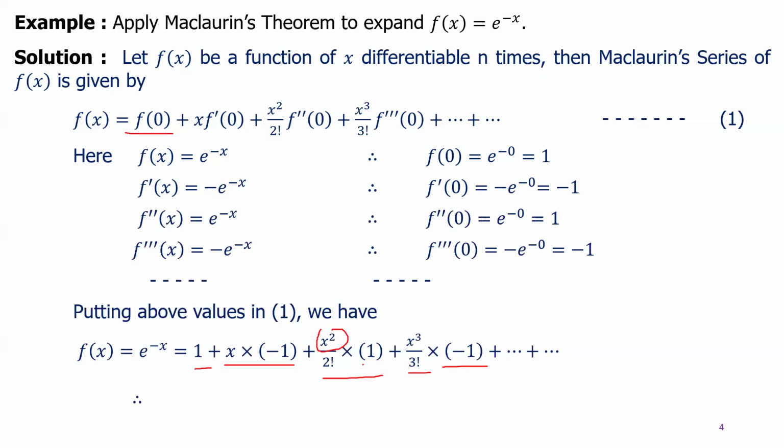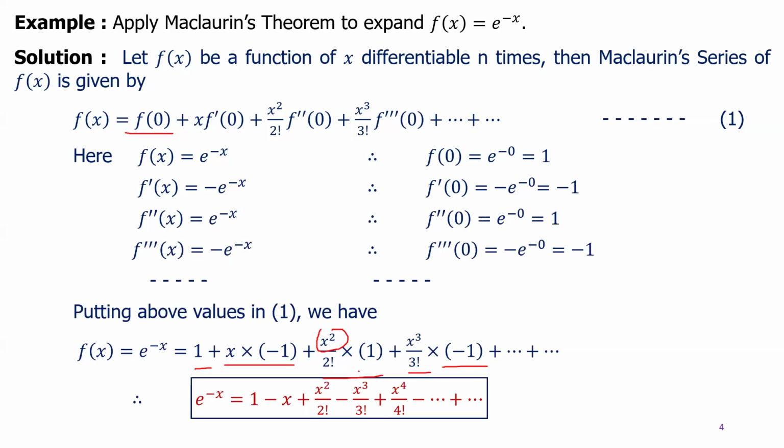Right? And if we simplify it, we have the expansion of e to the power minus x, which is nothing but 1 minus x plus x square upon 2 factorial minus x cube upon 3 factorial plus x to the power 4 upon 4 factorial and so on. So these are the two expansions of the exponential functions e to the power x and e to the power minus x.